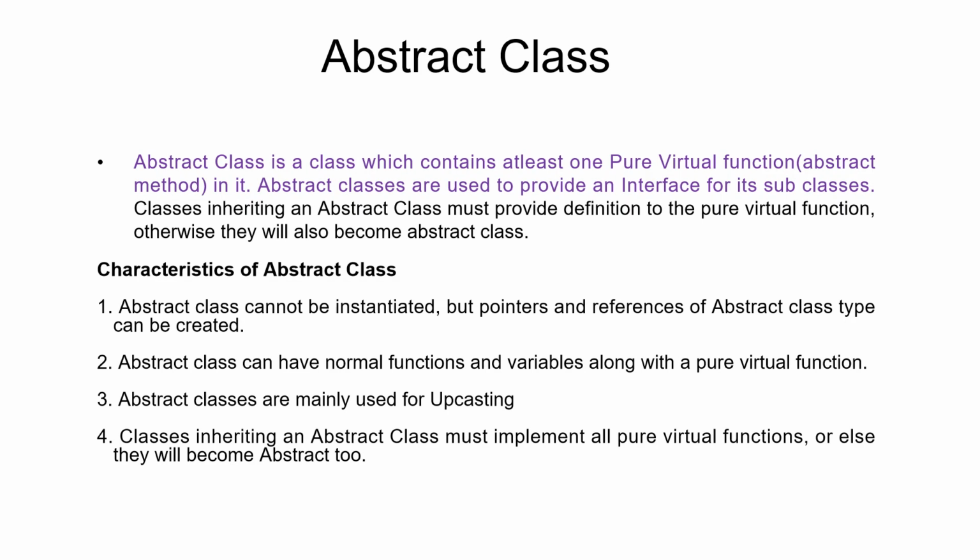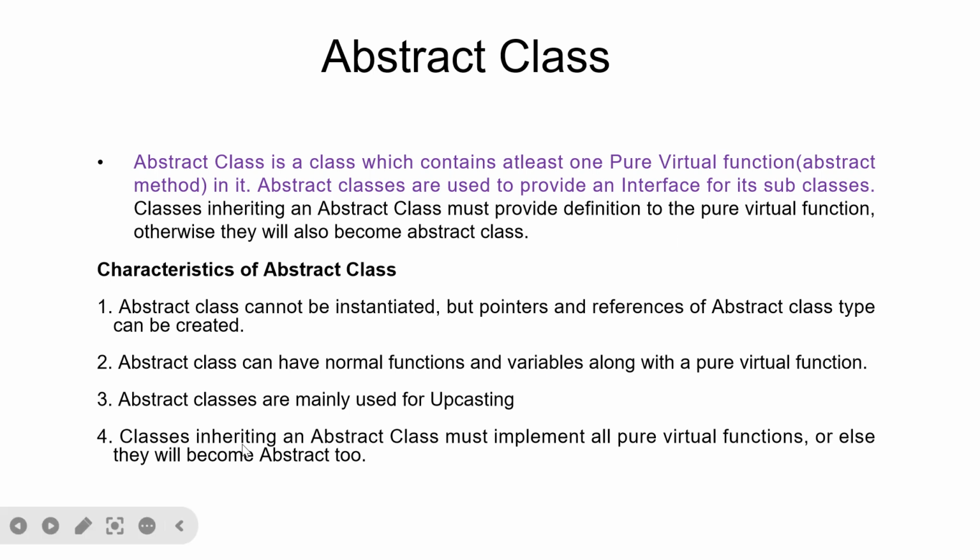So next we can see about the abstract class, because the pure virtual function is related to the abstract class. So what will be called an abstract class? A class which contains at least one pure virtual function, then we can call that an abstract class. Abstract classes are used to provide an interface for its subclasses.